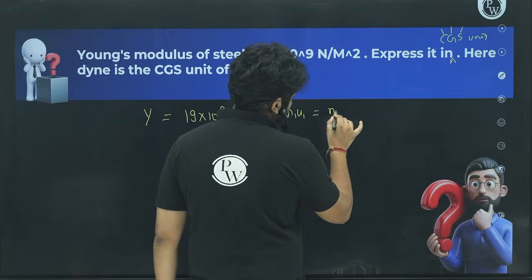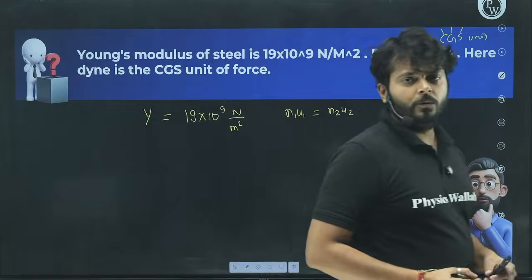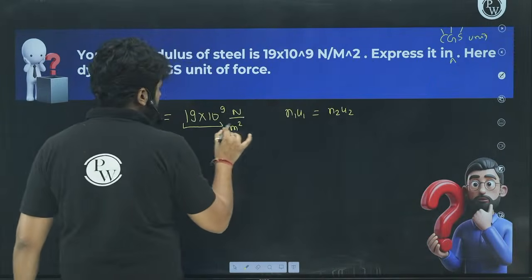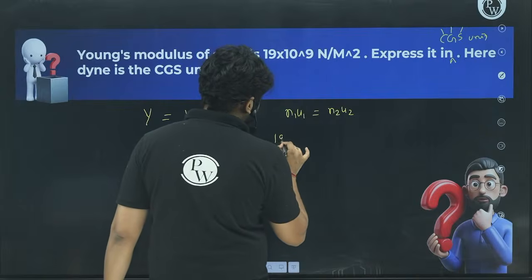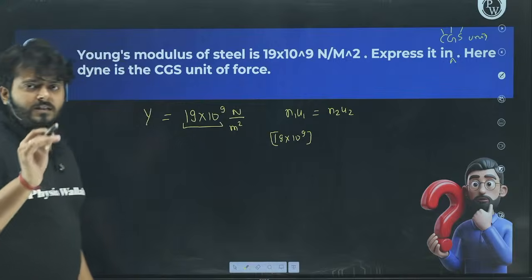So we can say that one thing is very true: n1u1 must be the same as n2u2, right? Numerical value in the first system is 19 into 10 to the power 9. And what does not change upon changing the units?